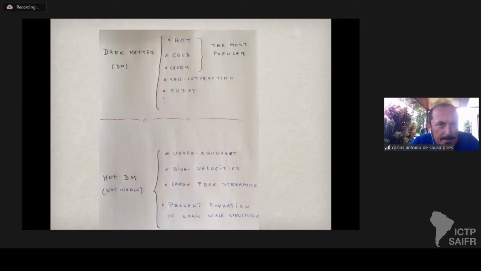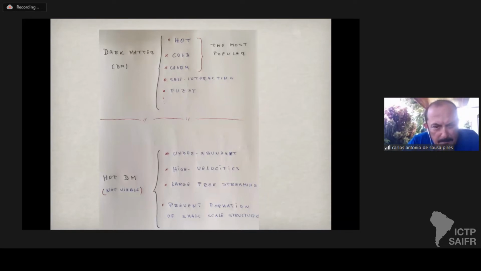That's very nice. But you know that the universe contains hot dark matter in the form of active neutrinos. Since the discovery of the mass of the active neutrino, they are very light, belonging to the sub-eV scale, and then they are underabundant.